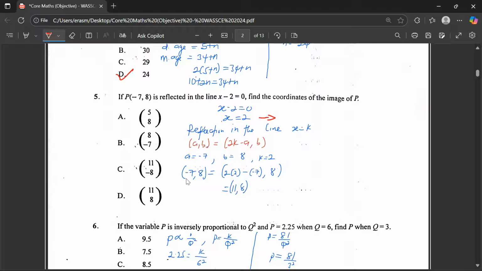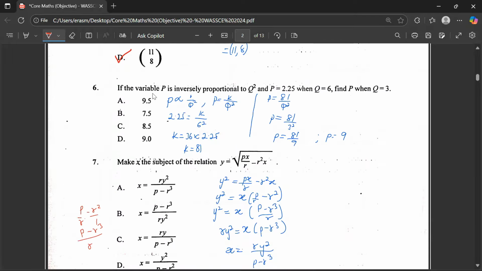So we are going to find the image of -7, 8, where it is reflected in the line x equals 2. And that is going to be what? 2 times k, and k is 2, minus a, and a is -7, comma b, and b is still 8. So we maintain it. When we simplify this, we are going to have 11, comma 8. And so the right option is option D.